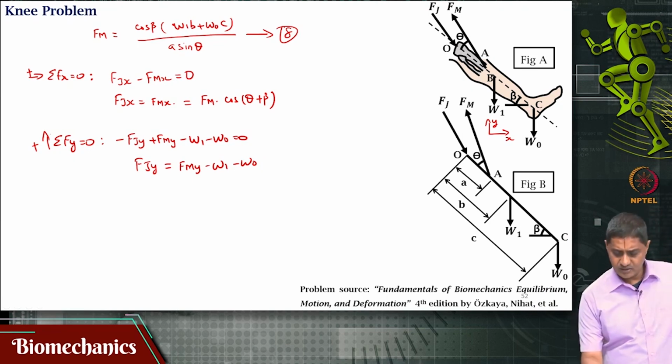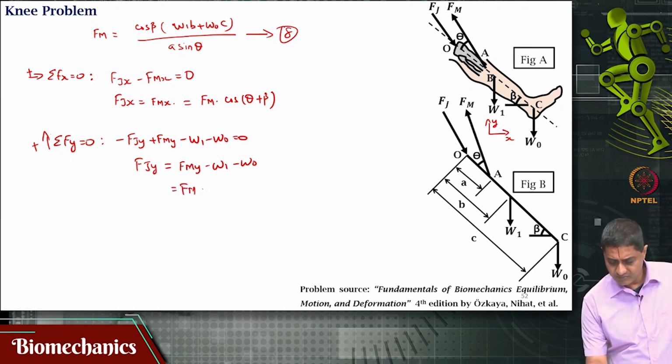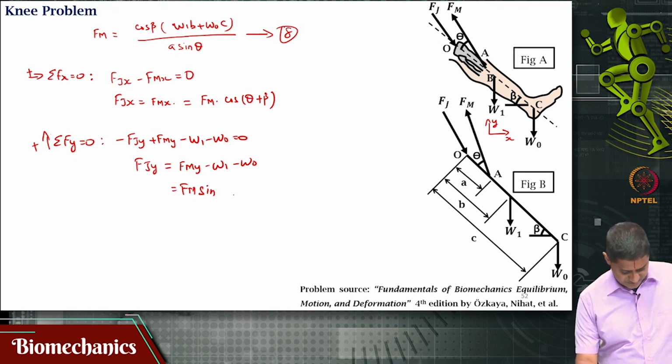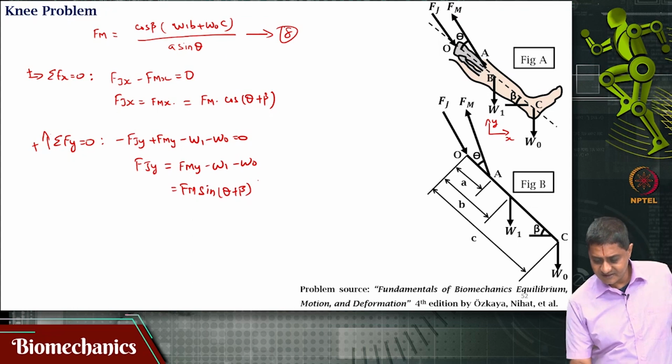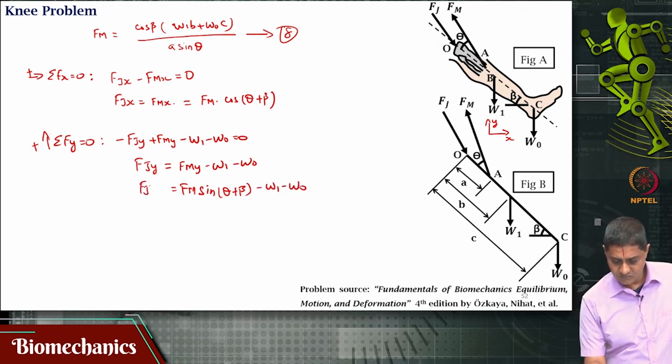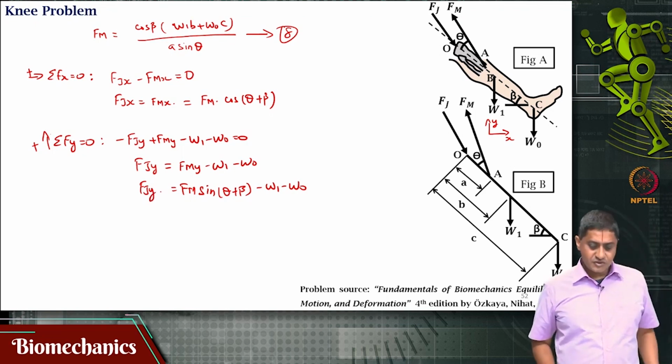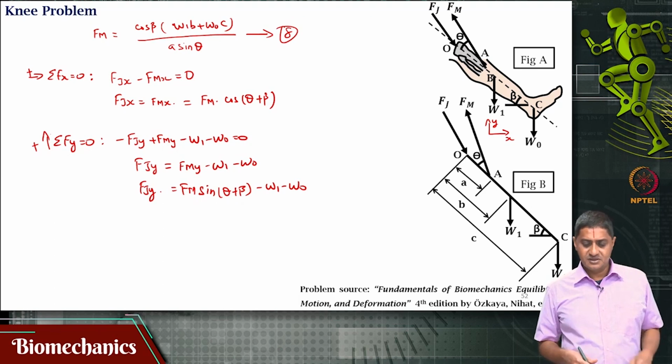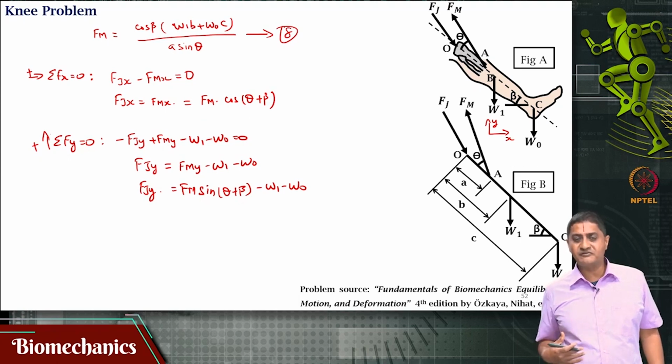But what is Fmy? That is Fm sin theta plus beta, from my previous work. So, find Fm as per equation 8 and substitute in this equation for Fjy. So, you can find the vertical component of the joint reaction force at point 1.